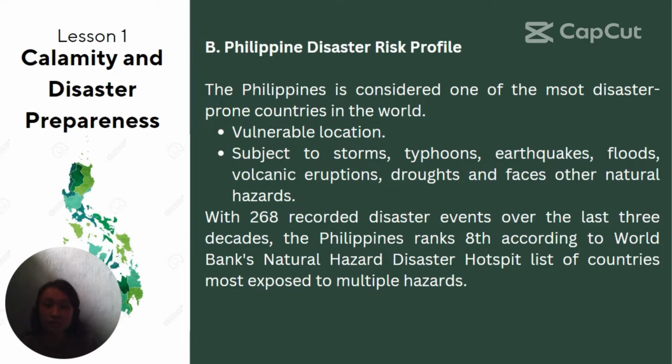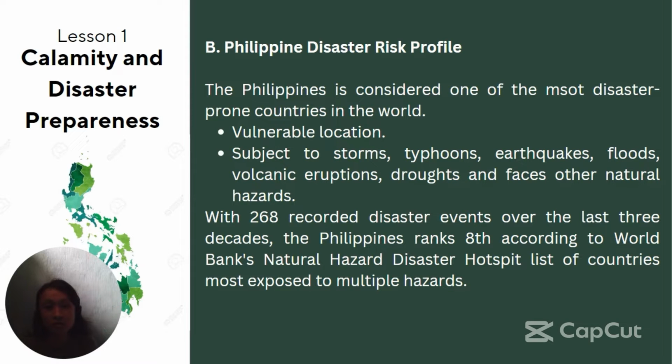So letter B na denta is Philippine Disaster Risk Profile. So ang Philippines kay considered jud as one of the most disaster-prone countries in the world. And then we are located at a very vulnerable location nata sa typhoon belt and Pacific Ring of Fire.